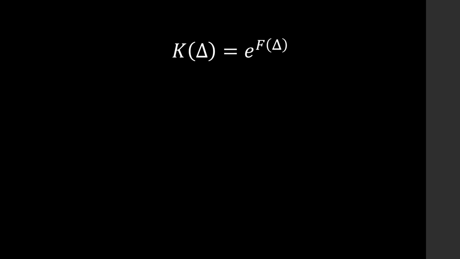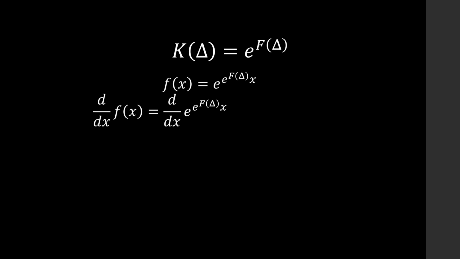Just trying a general function in that power now. We plug that in, of f of x equal e to the capital F delta, where I'm just using the capital to denote that it's different from the small f of x that we're trying to use here. Taking the derivative, again, that e to the F of delta is completely independent of x, so it comes down as a constant, and then we can add the two exponents.